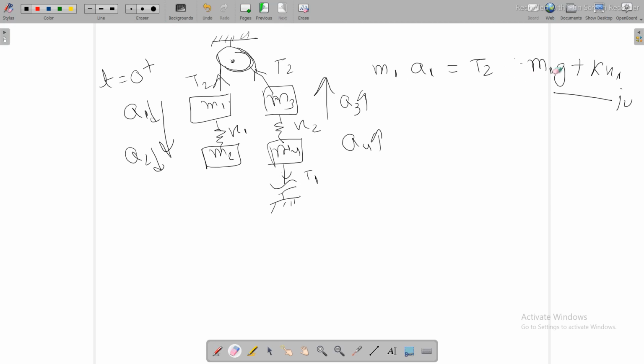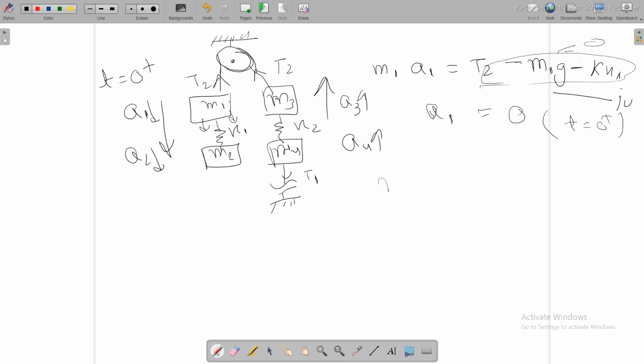Let's correct it. Because t2, m1g and kx1 are in this direction, therefore this all is equal to 0 in equilibrium condition, and there is no such change occurring in this block of mass m1. Therefore, understand that I am only considering the t equal to 0 plus instant.